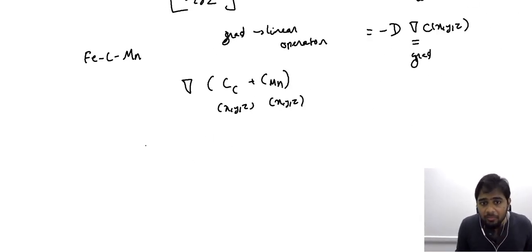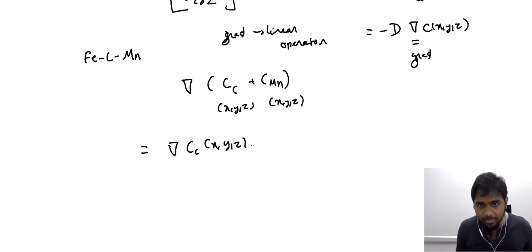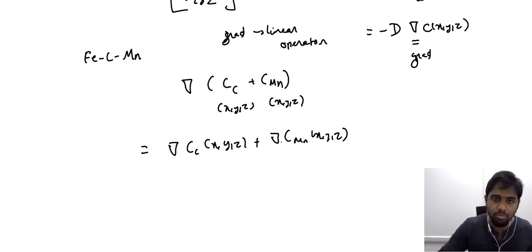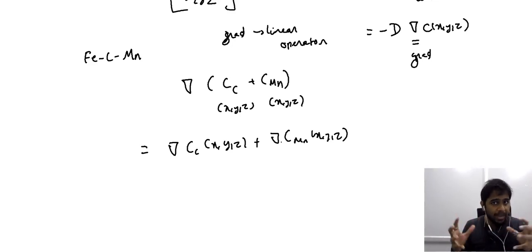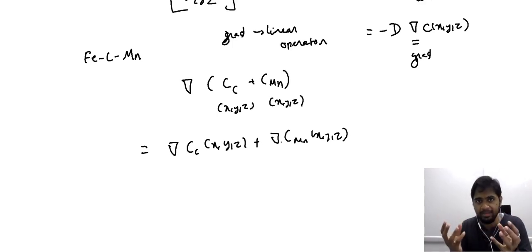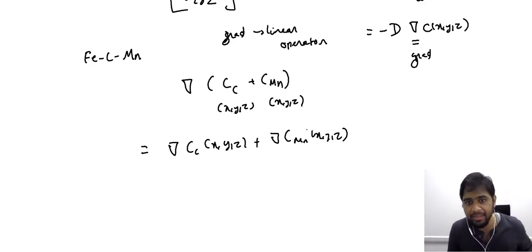How we can handle such a ternary system is that we can consider the gradient of carbon separately and sum it up with the gradient of the manganese separately. Even though we need to know the combined flux of carbon and manganese for an FeCMn system, since this flux is governed by the gradient of the concentrations of carbon and manganese, and this gradient is a linear operator, it allows us to handle the carbon separately and the manganese separately and then sum them up together.